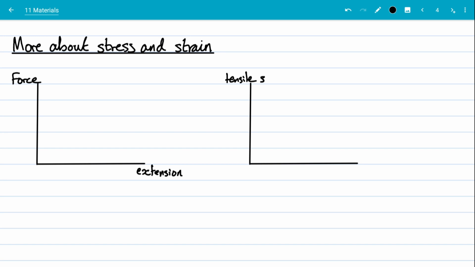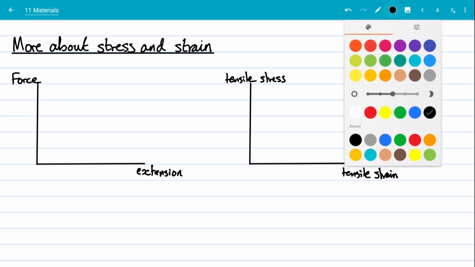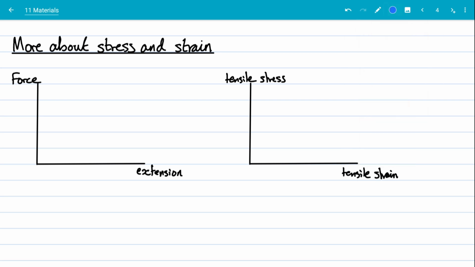So tensile stress and tensile strain. Okay, so what did we have? We had on a force extension graph, we might have something that does this.